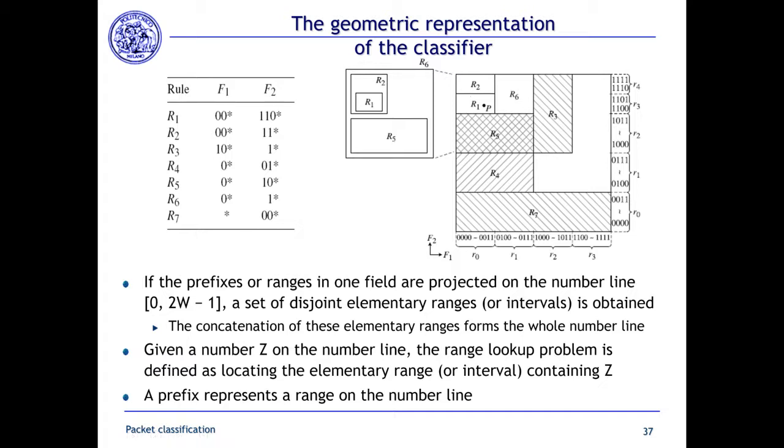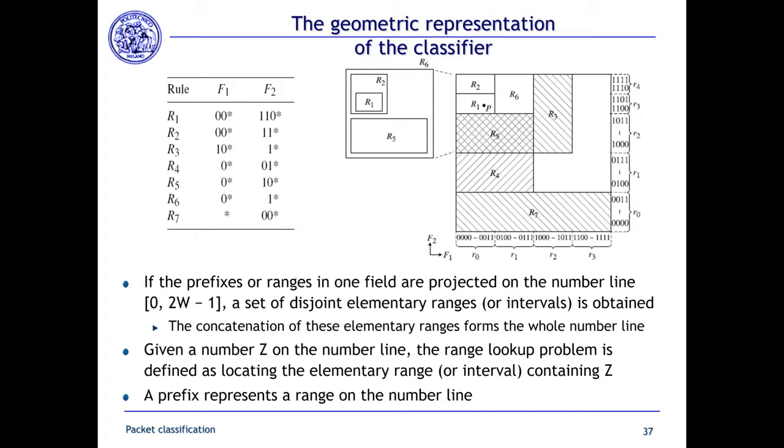So the idea is that you can pre-compute before going into the actual classification. You can pre-compute all the intervals on the two axes, which are the projections of these tiles, and for each pair of intervals, you can predefine and pre-compute what is the winning rule.